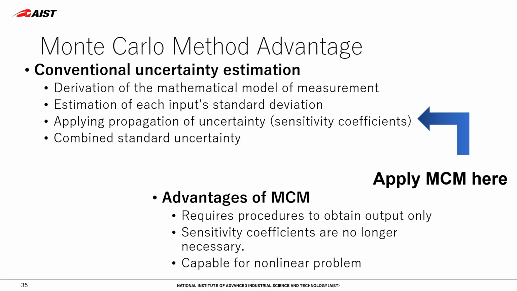The conventional procedure has 4 steps. You can replace the third step by the Monte Carlo method. All the other procedures cannot be avoided. However, obtaining sensitivity coefficients requires a big effort, and so does the higher order term analysis necessary for nonlinear problems. Omitting this part is a great advantage.